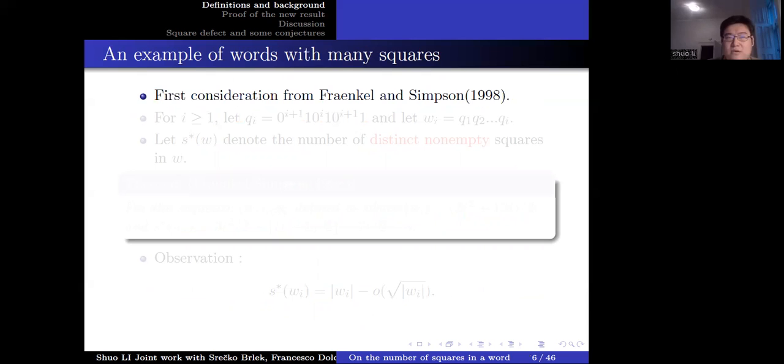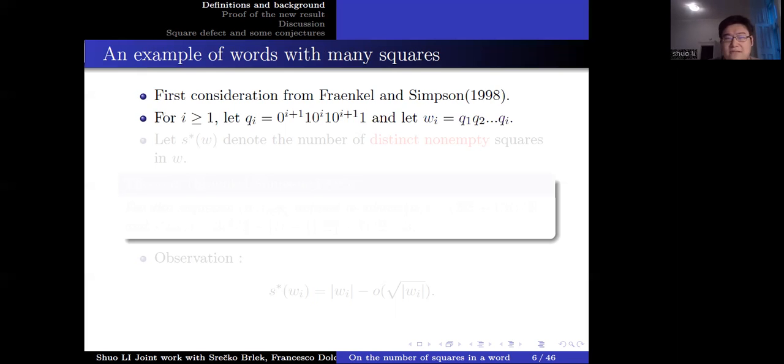In fact, this problem was first considered by Fraenkel and Simpson in 1998. When they tried to find words with many squares, they succeeded in finding the following example. They define the sequence W_i as follows.